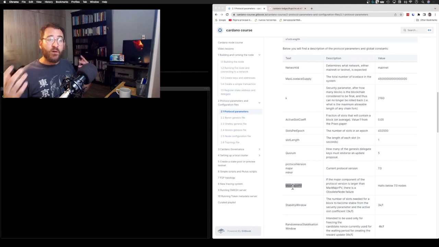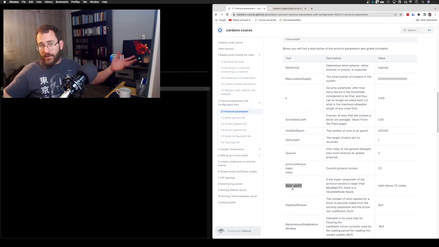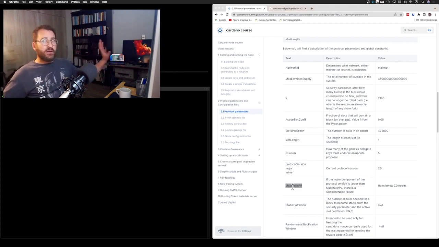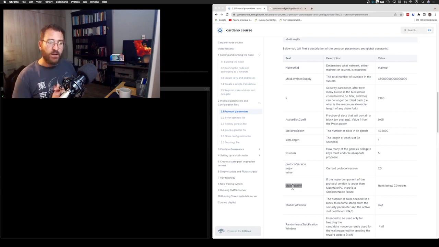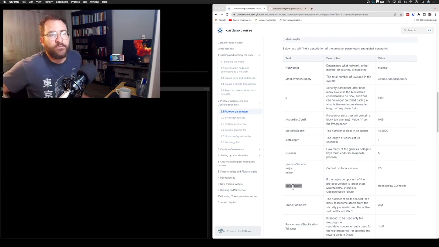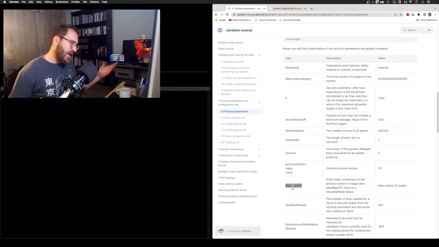Then it will be extremely complicated to figure out what chain you should follow, because if the stake is split in half, it is really hard to think about which is the good one. And of course, one could argue that it is the one using the latest version, but why?